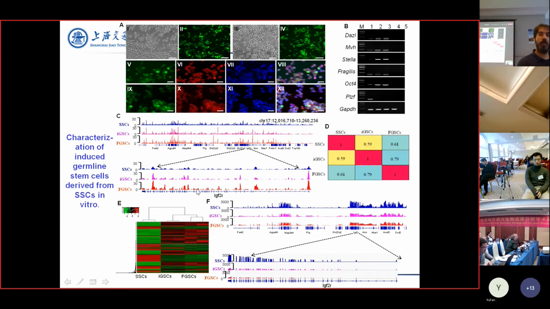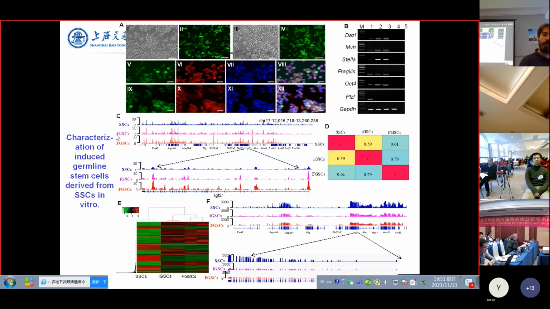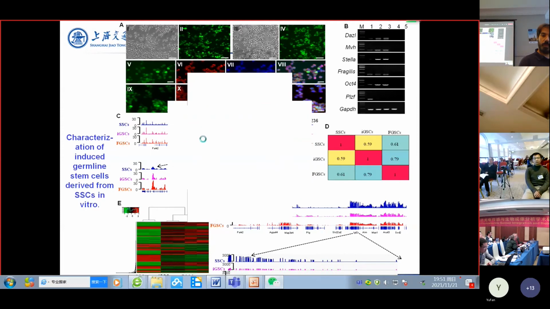We also did DNA methylation sequencing, and we can see IGSC compared with SSC is very different, but FGSC is similar. The closer to IGSC, the closer to FGSC, and different from SSC.